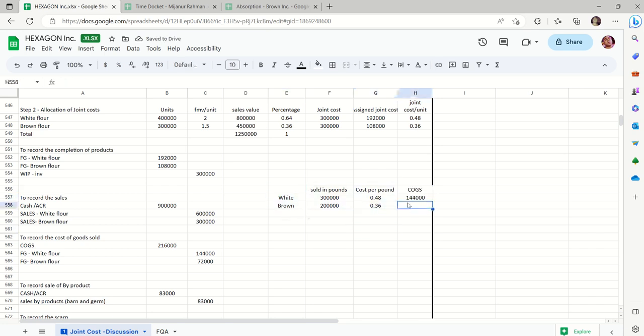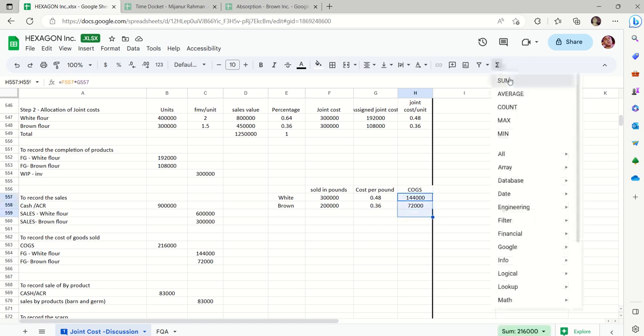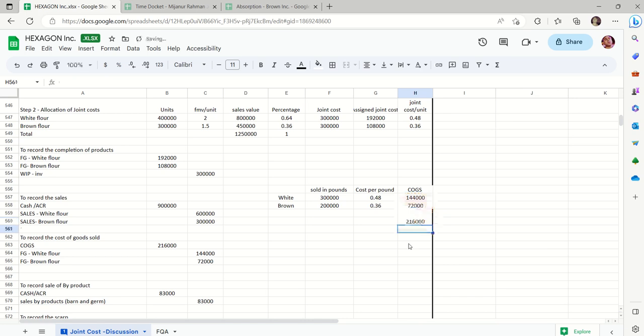All right, so the same way you would find this. 200,000 units multiplied by this 36 would give you 72,000. You sum these two numbers, and that would give us 216,000 right there, okay?